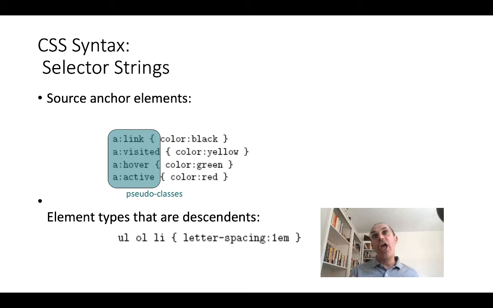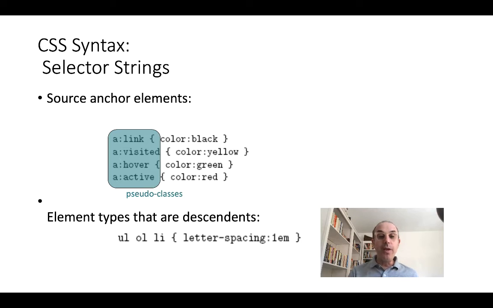We can have different colors when the mouse is over the link, or when the link is active. So we basically have four states in play that we can apply when we are designing a link in our page.